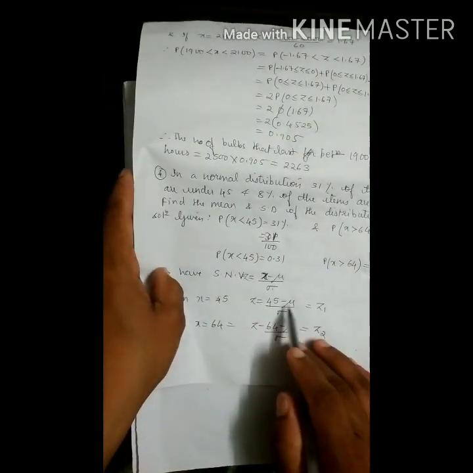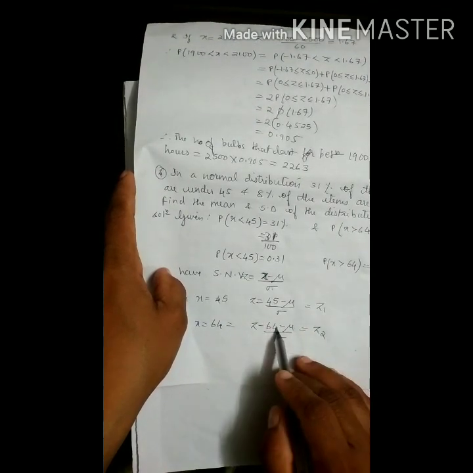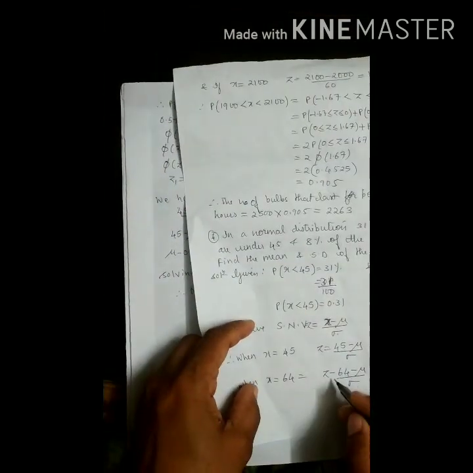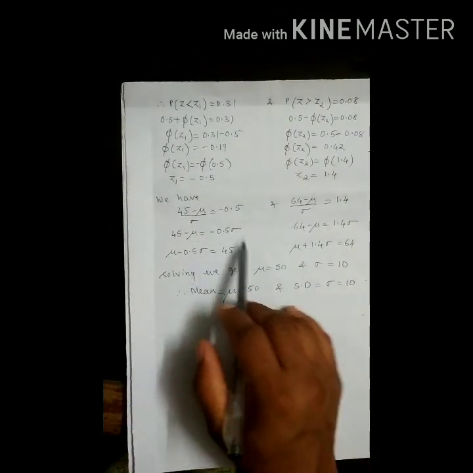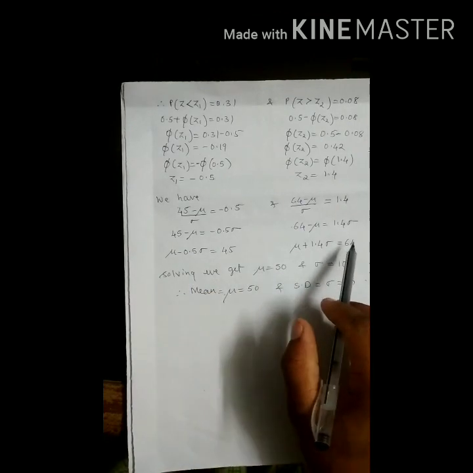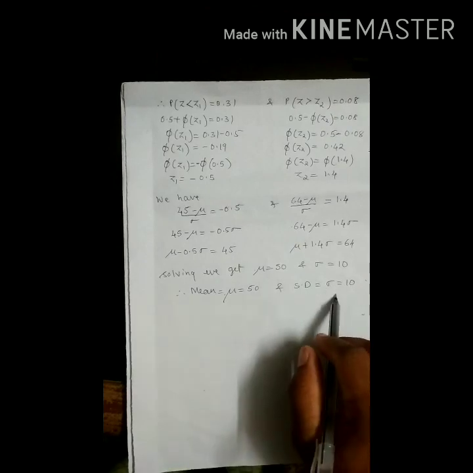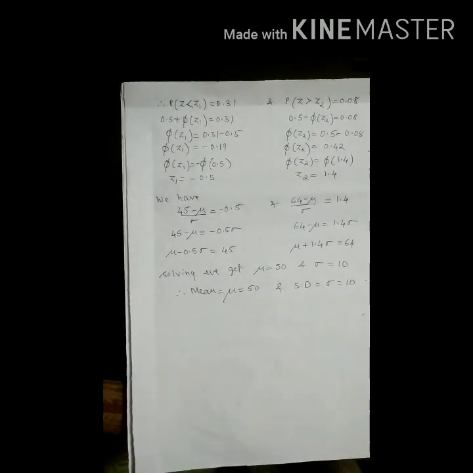So 45 minus mu upon sigma is equal to minus 0.5, and 64 minus mu upon sigma is equal to Z2, which is 1.4. Try to make it a simultaneous equation in the form of mu, sigma, constant. When you calculate on the calculator, you will get your mu and sigma values. This is the way we calculate sigma and mu.